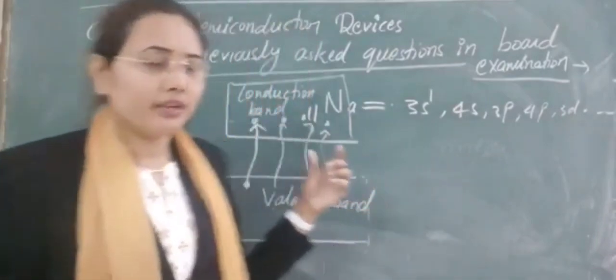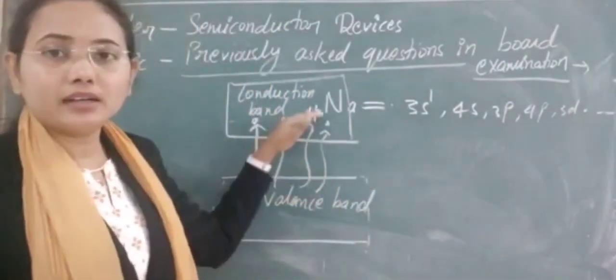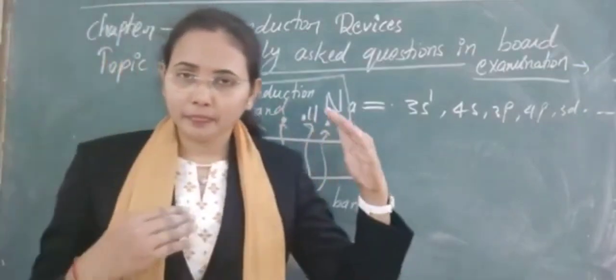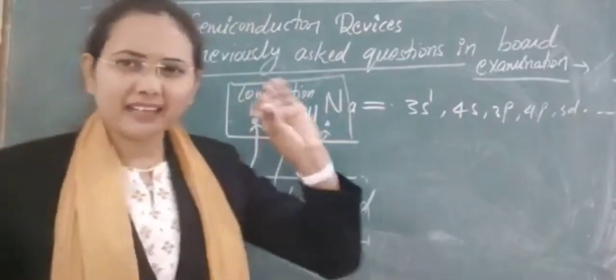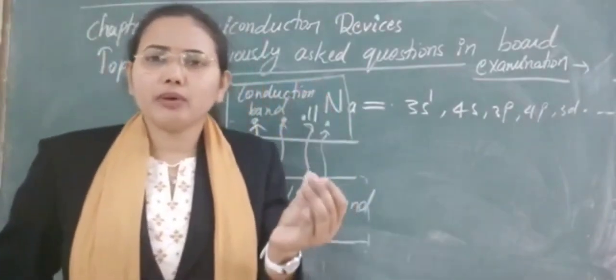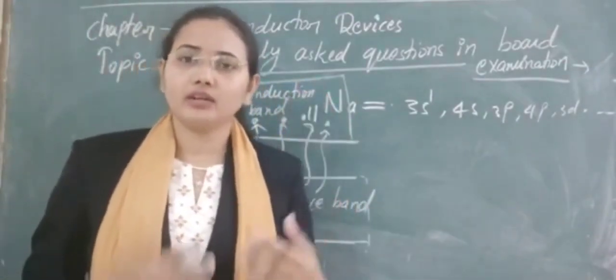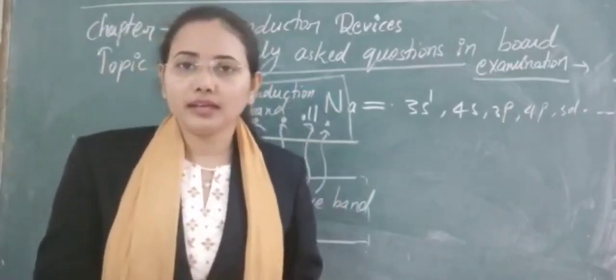And also whenever an electron reaches here very efficiently, then we can say that this forbidden energy band gap is very small. It means if we provide only a small energy to the conductor, an electron can easily go to the conduction band.